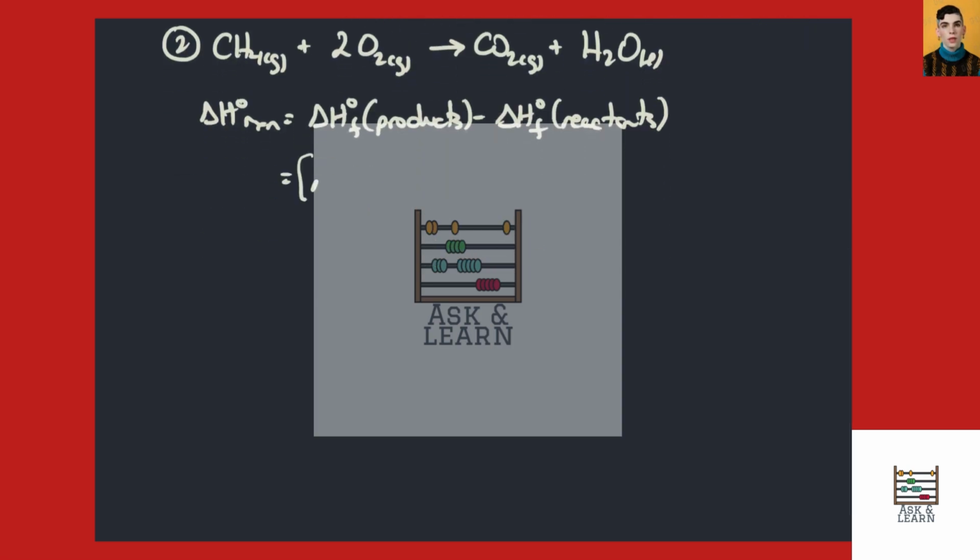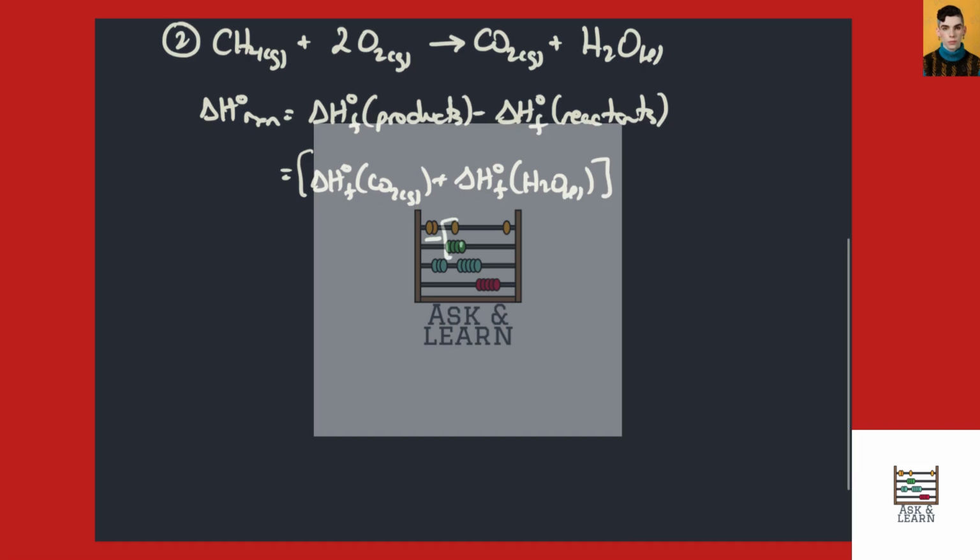This is equal to delta H naught formation CO2 gas plus delta H naught formation H2O liquid, minus delta H naught formation CH4 gas plus 2 delta H naught formation O2 gas.